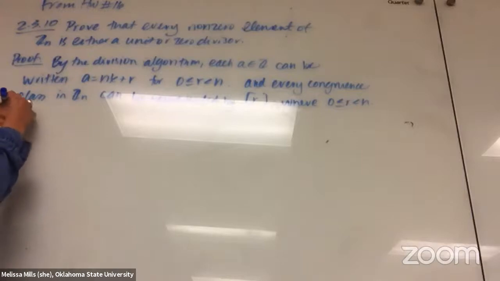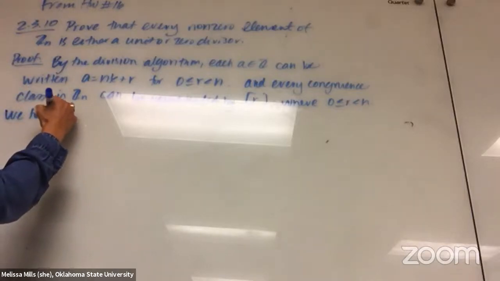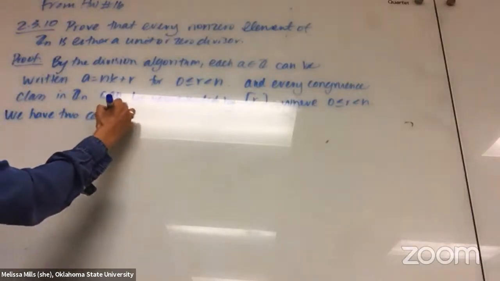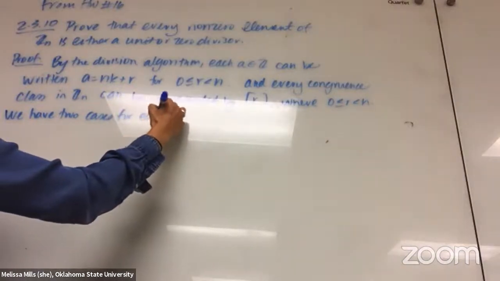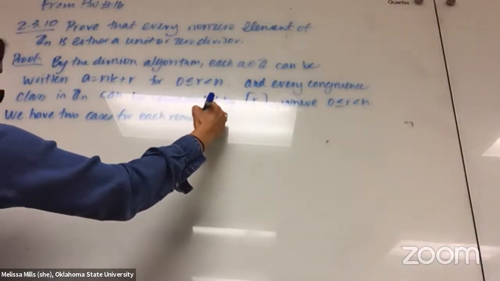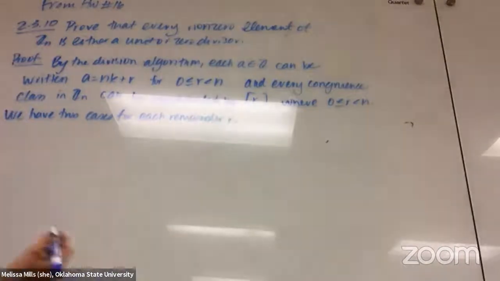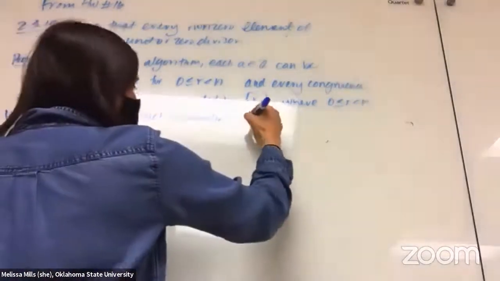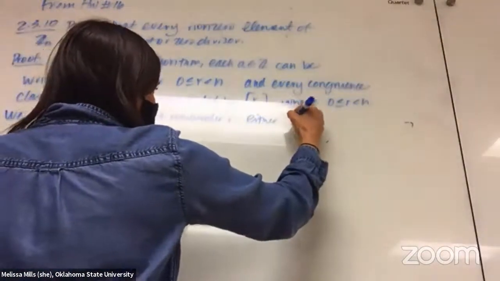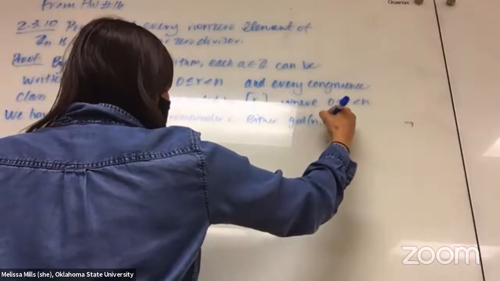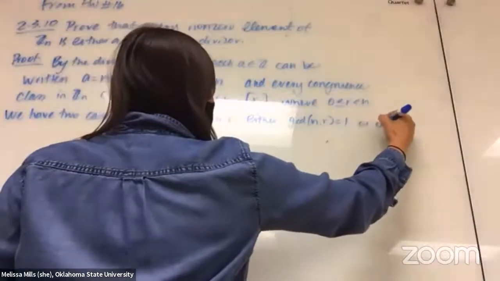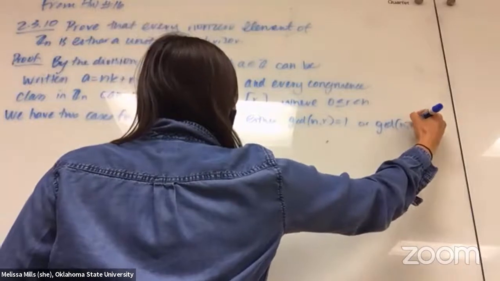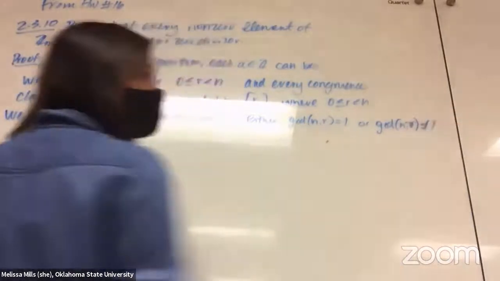Okay, so we have two cases for each remainder r, either the GCD of n and r equals 1, or the GCD of n and r is not equal to 1.